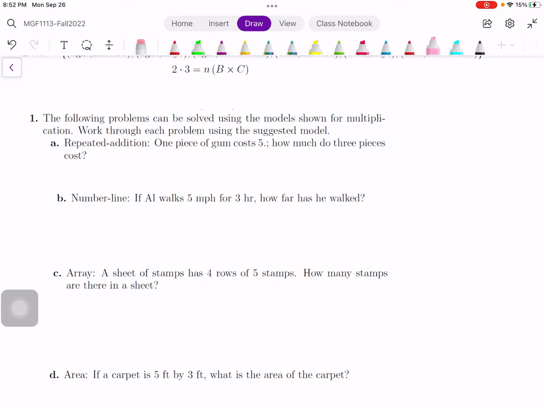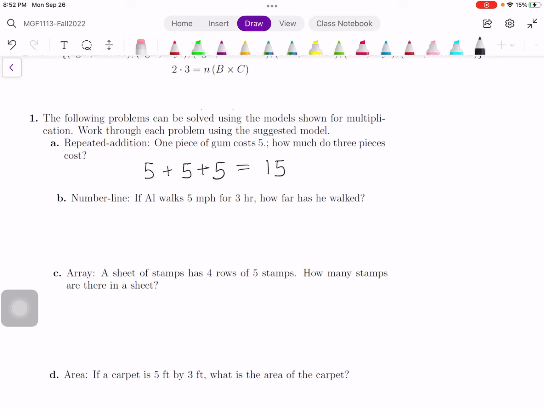One piece of gum costs 5 cents. How much do 3 pieces cost? So 3 pieces means one piece is 5, another piece is 5, and the third piece is 5 as well. So that would be 15.